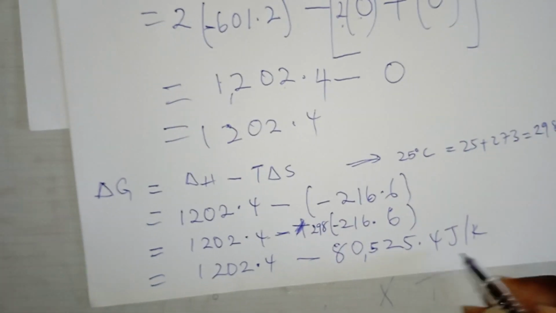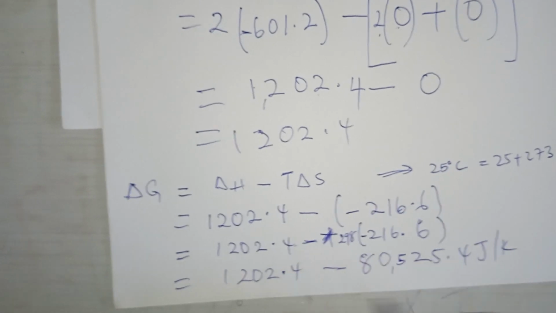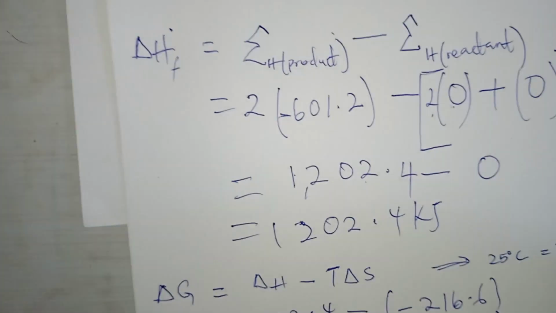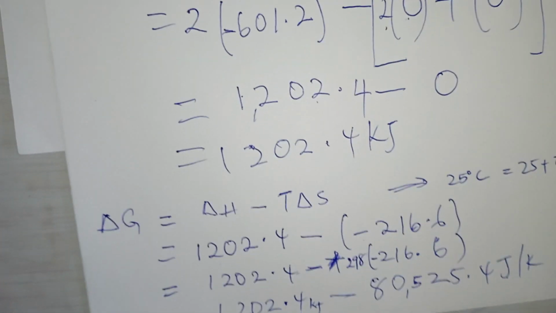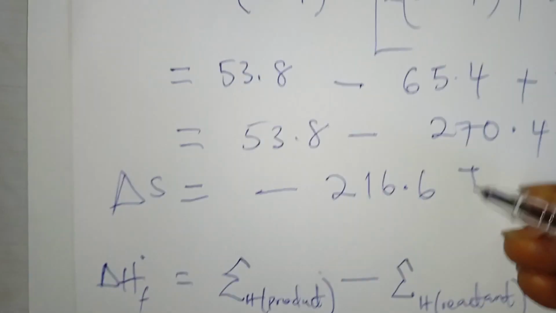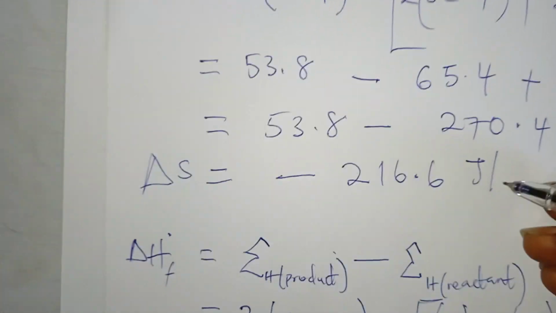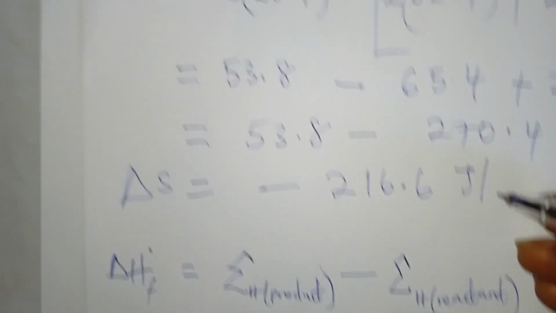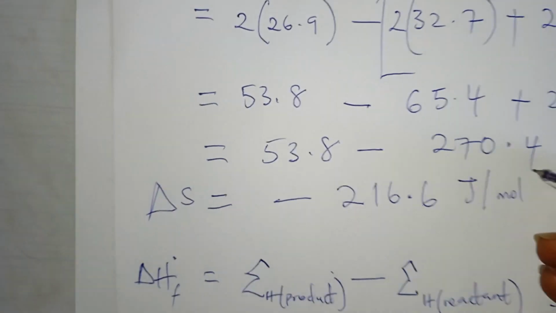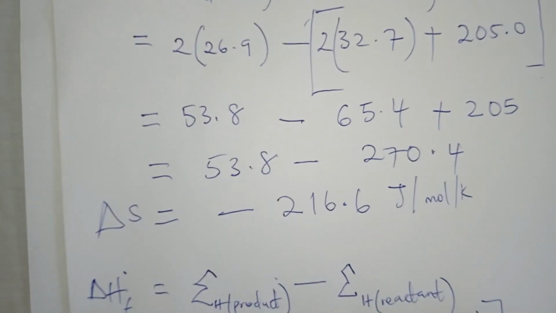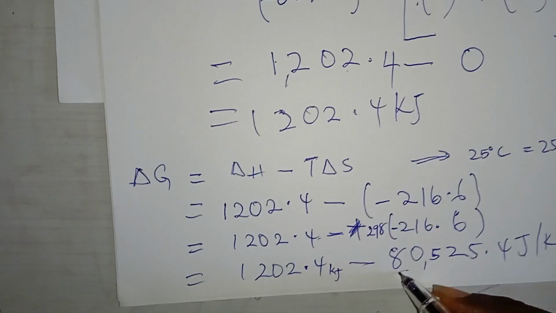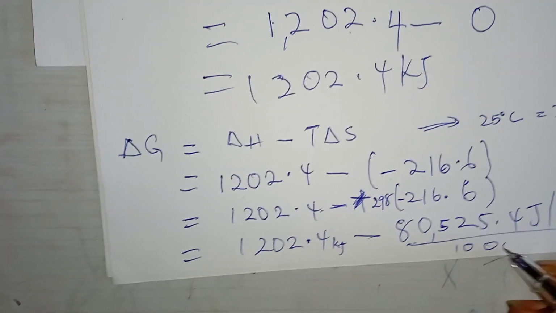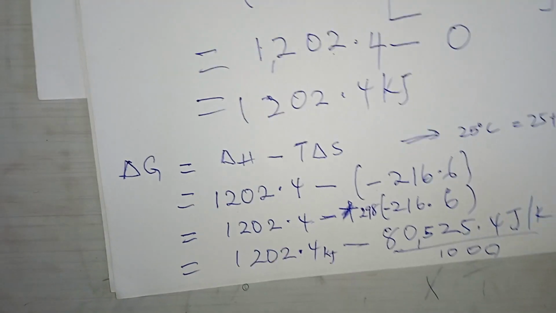So we need to convert this to kilojoule because this enthalpy is in kilojoule. Enthalpy is heat, is energy, is in kilojoule, while entropy is always in joule per mole Kelvin from the question. So you need to convert joule to kilojoule, and to do that, we divide by 1000.